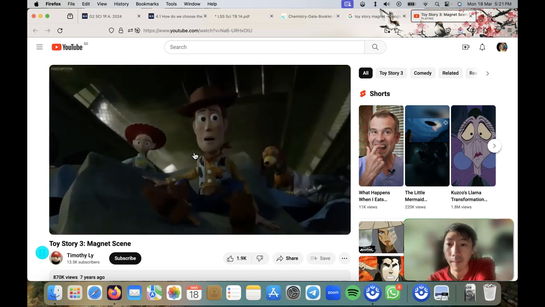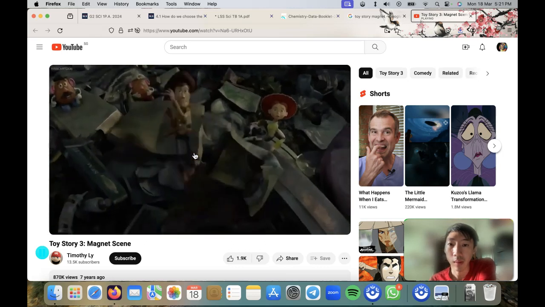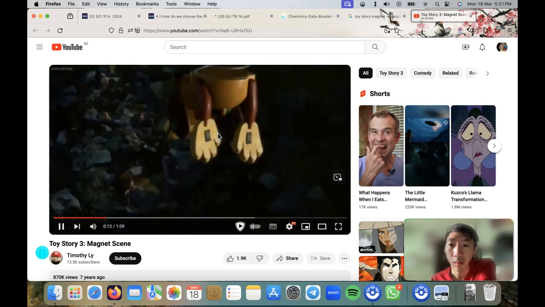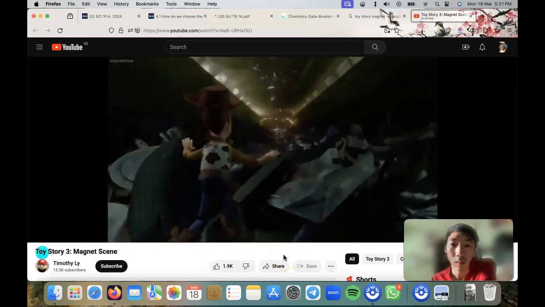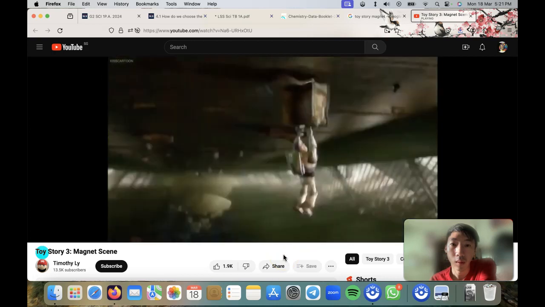Woody, what do we do? We'll be okay if we stay together. Woody! Slinky! It's a magnet! Watch out! Don't worry, Slink. We'll get you down. Quick, grab something metal.